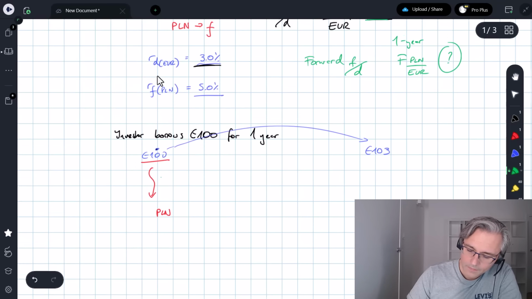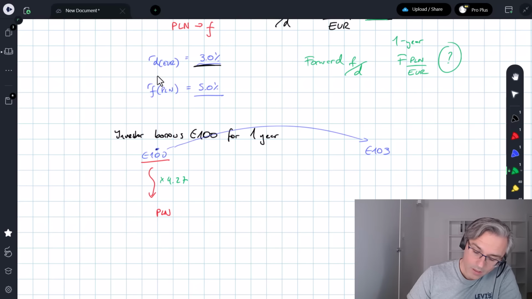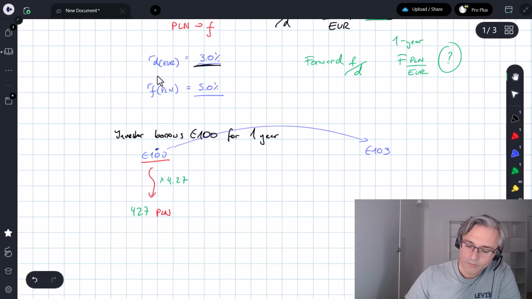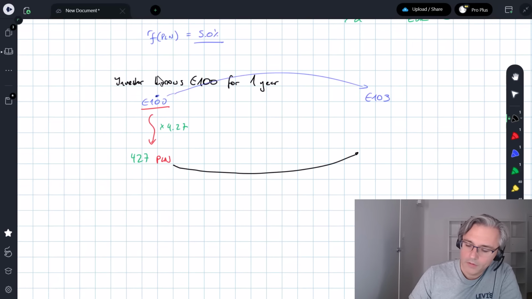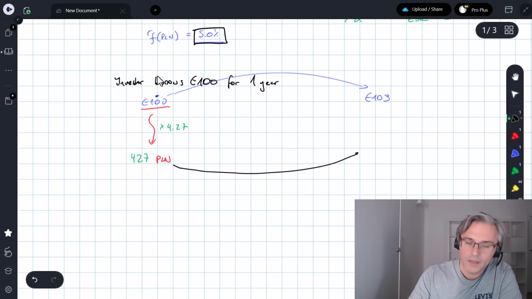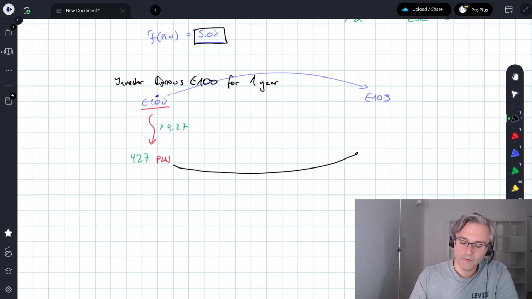Thus, receiving 427 Polish zloty. And the reason why they do it is because this money over in Poland can be invested at a much better risk-free rate of 5%.